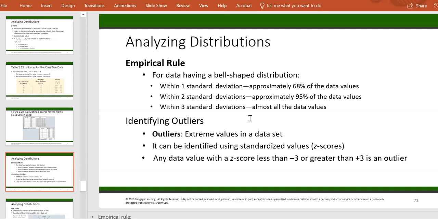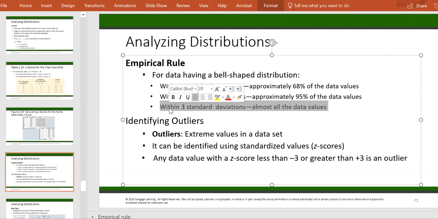If you put the mean at the center, 3 standard deviations to the left and 3 to the right should cover everything. And this last one is actually the way that we can identify the outliers when we're dealing with a bell-shaped distribution.